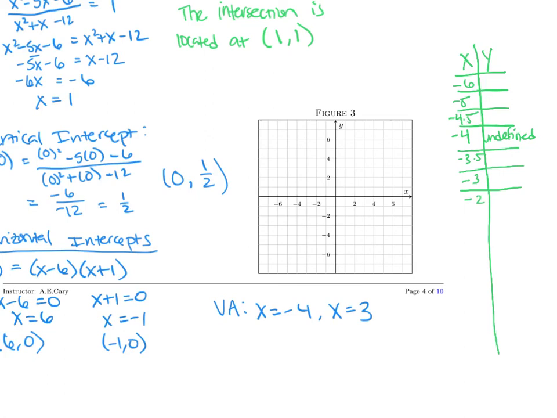And I'm also going to want all the whole numbers until we get to our next asymptote. So we're also going to have -1, 0, 1, 2. I'm going to throw in a 2.5 because our next asymptote is at 3.